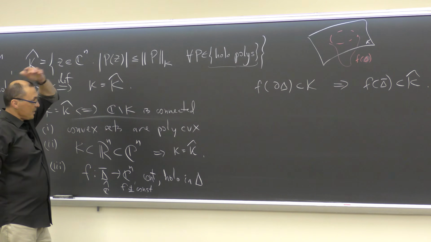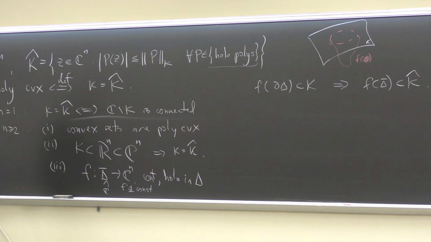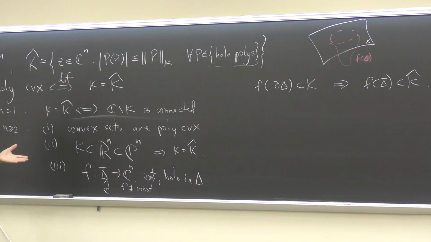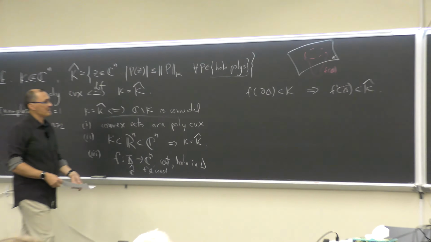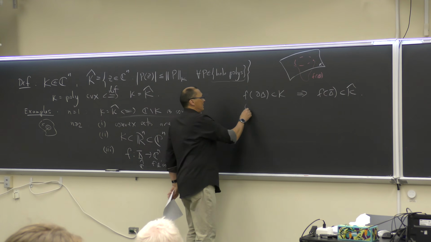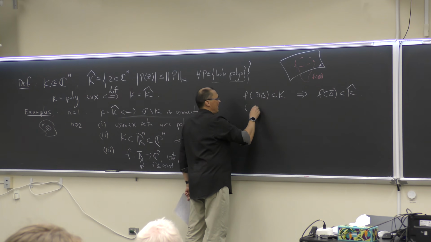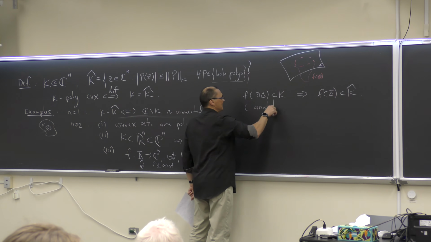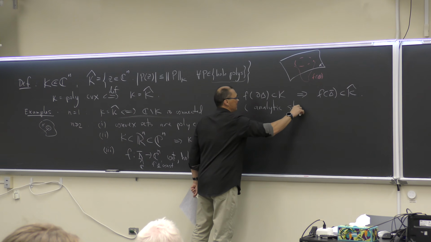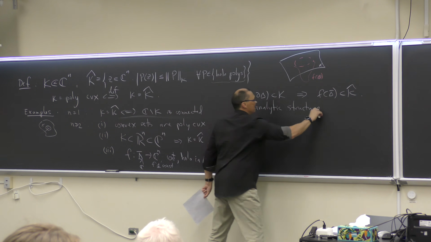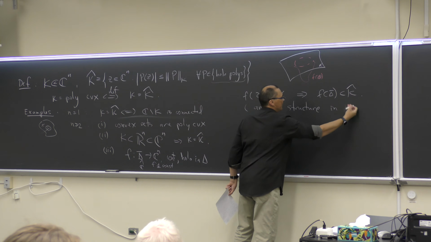And in the early development of the theory of polynomial convexity, people were wondering whether it's always the case that a non-trivial polynomially convex hull contains a holomorphic disk. And this was known as analytic structure in the hull.